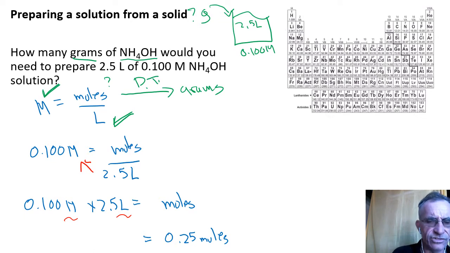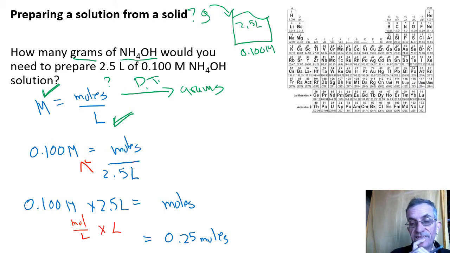Well, remember what capital M really is: capital M is moles over liters. So if you multiply it times liters, do you see how the liters would cancel? And we're left with moles. So that's why what we're doing works out. Not only do the numbers work out, the units work out. They always have to work out.